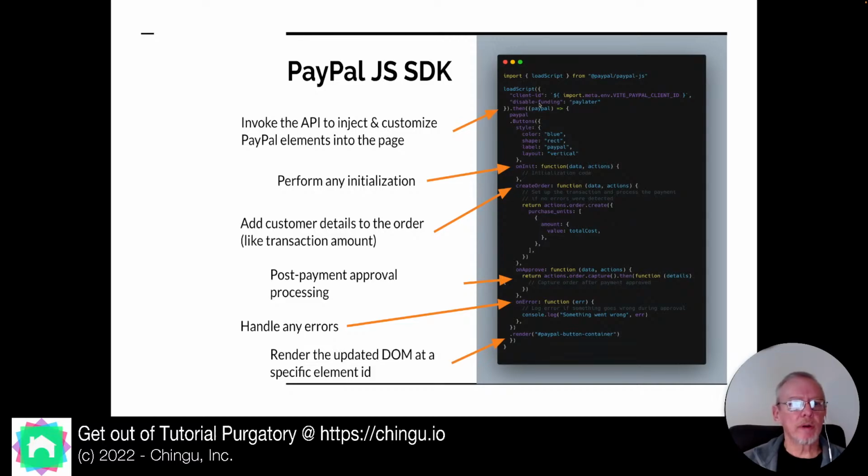And what load script does is it invokes the API. It gives you the ability to customize the appearance of things like the PayPal buttons on your page. And then it also will allow PayPal to inject its DOM elements into your web page.